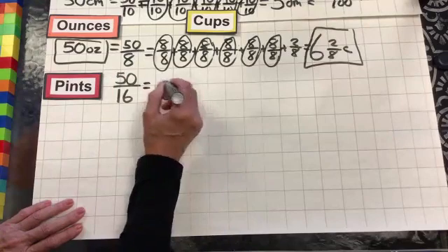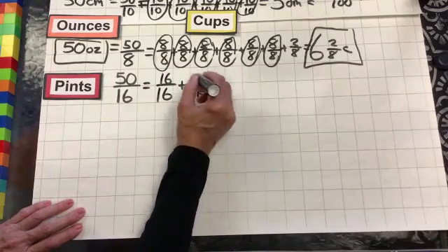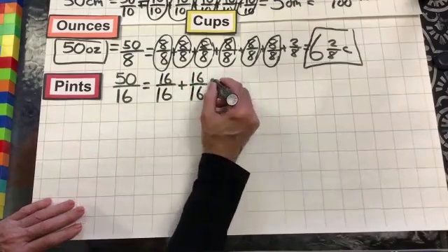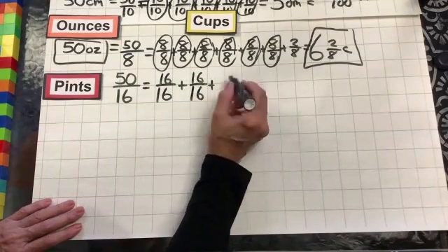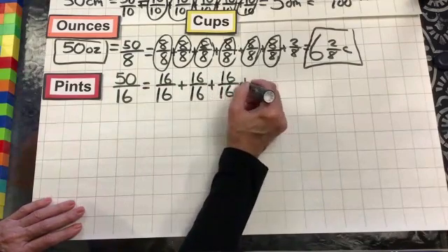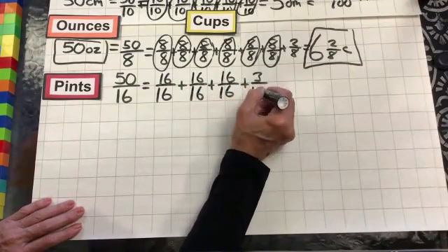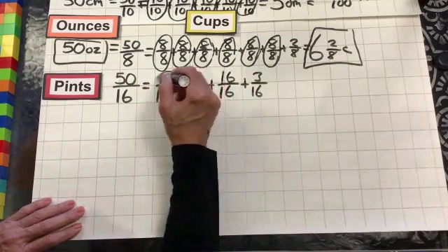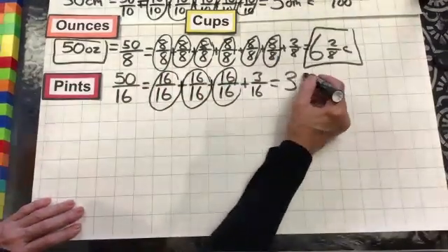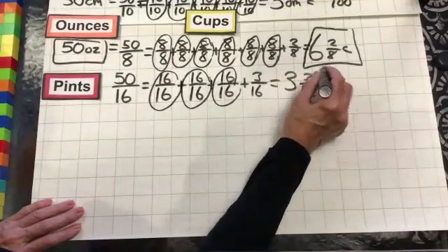So let's get our 16 over 16 plus 16 over 16, which is 32 plus 16 over 16, which is 48 plus 3 over 16. 1, 2, 3, and 3/16 pints.